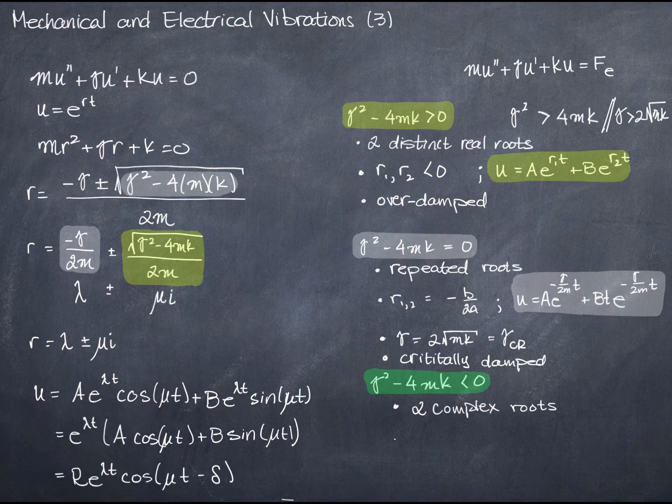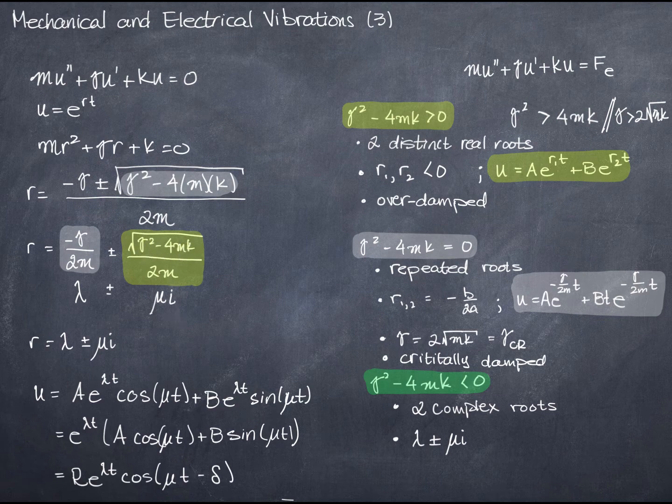So let's summarize this as well. We have r values of lambda plus or minus mu i, where lambda is equal to negative gamma over 2m, and mu is equal to the numerical part of this divided by 2m, and then of course that's times i because this is negative.